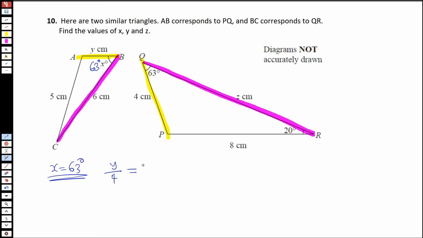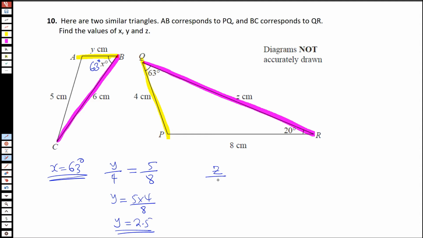So that should be equal to 5 over 8, which implies that y will be equal to 5 multiplied by 4 over 8. So that will be 20 divided by 8, which is 2.5.